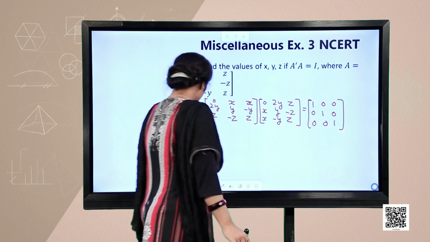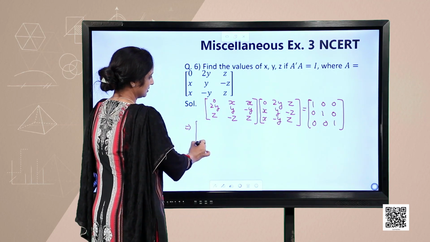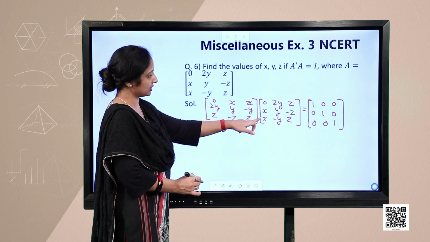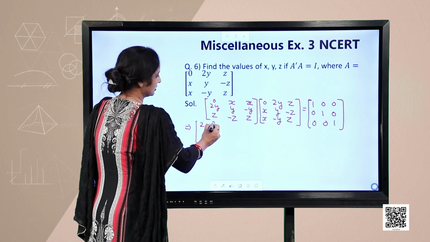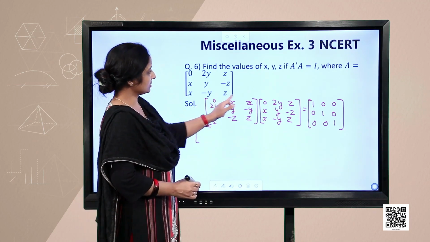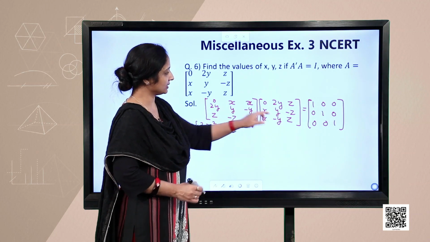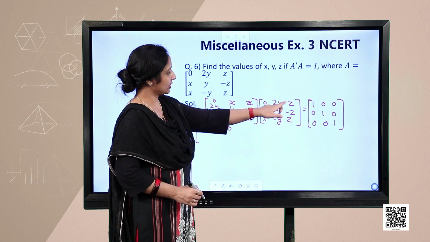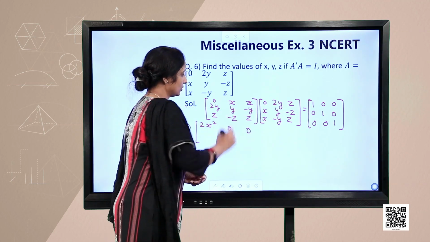After that, you can multiply these two matrices. 0 will be multiplied by 0 plus x into x plus x into x, which is giving us 2x square. Then 0 into 2y plus x into y minus x into y is giving you 0. 0 into z minus xz plus xz is giving you 0.